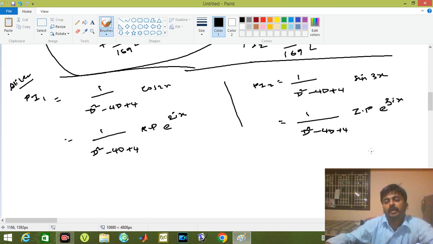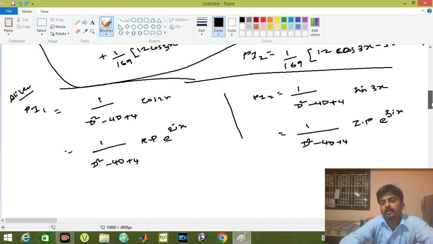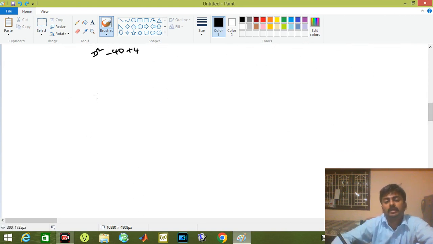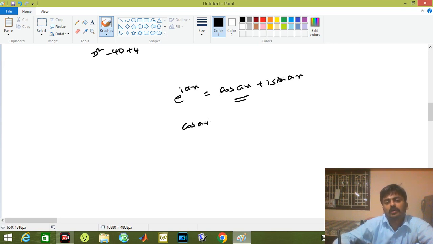Okay, you have to know one thing. For understanding, e power iax equal to cos ax plus i sin ax, whereas this cos ax can be written as real part of e power iax.